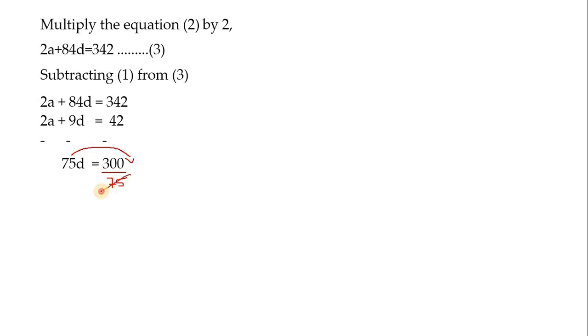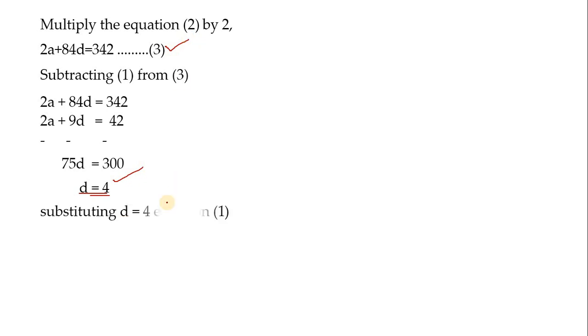Next, let me simplify this. 75 1s are 75. How much are 300? 4s are 300. Hence, d value is 4. So next, we have to find a value. So for that, this d value we substitute in any one of the equations, either 2 or 3 or 1.